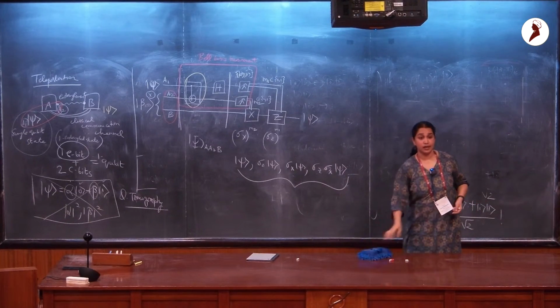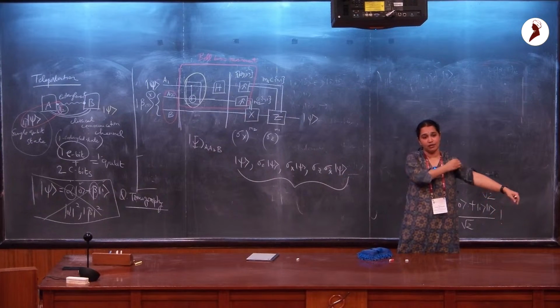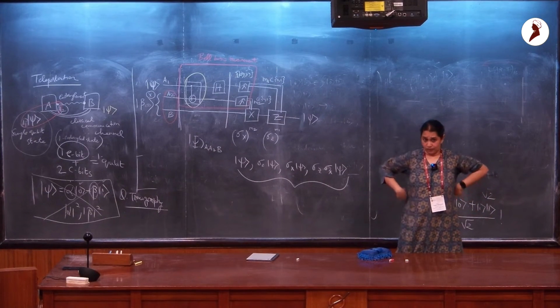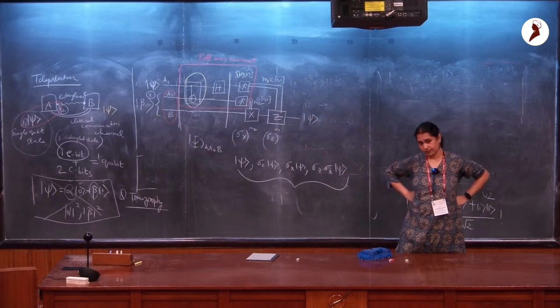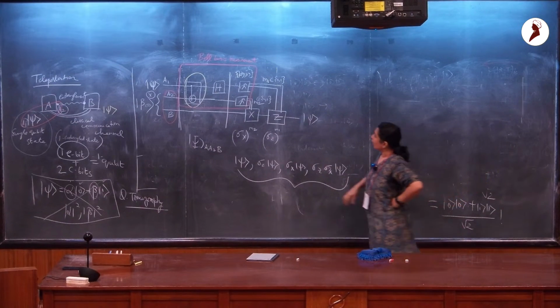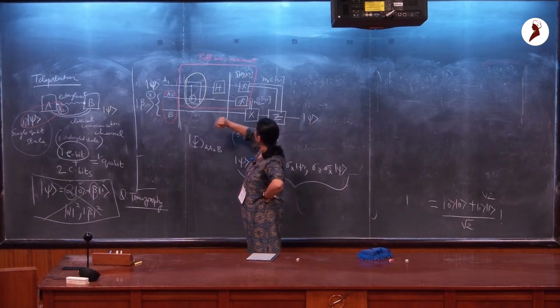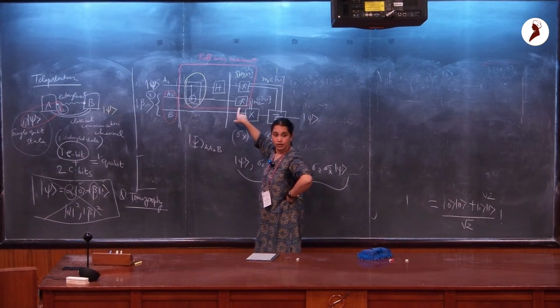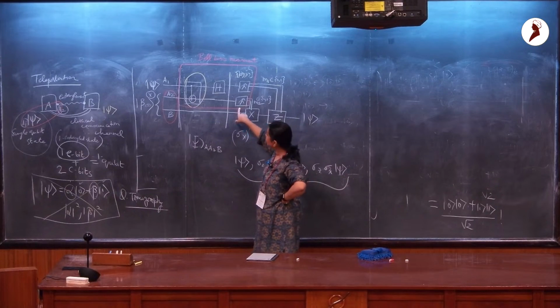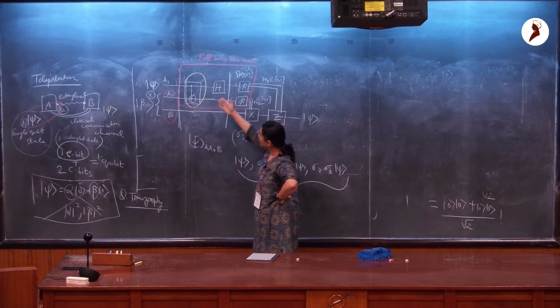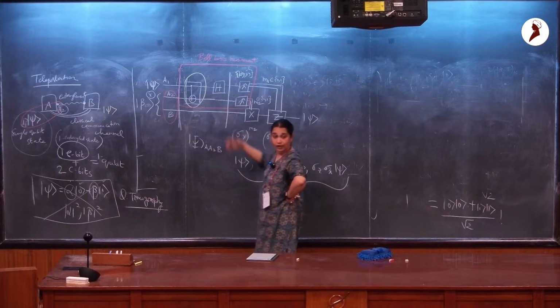Yeah? This whole teleportation algorithm, is this a unitary operation? Up until here, it's a unitary operation. As a whole, it is not, because there is a measurement involved. And there is, in a sense, breaking of superposition, breaking of entanglement, right?